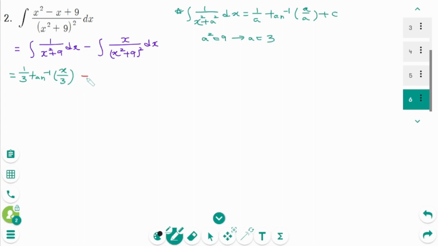Minus, for the second integral, use u substitution. Let u be x squared plus 9. Then differentiate on each side: du equals 2x dx. Then divide by 2 on each side: du over 2 equals x dx.